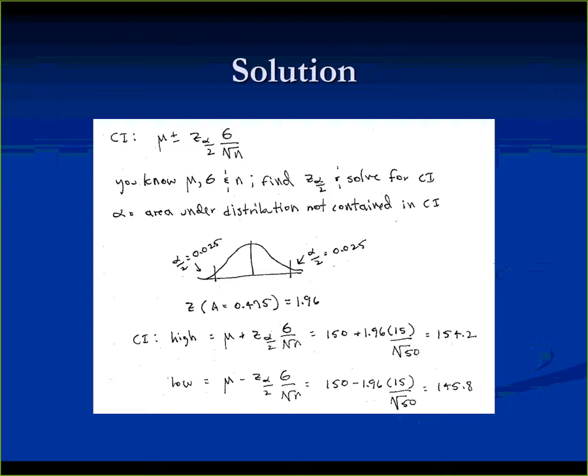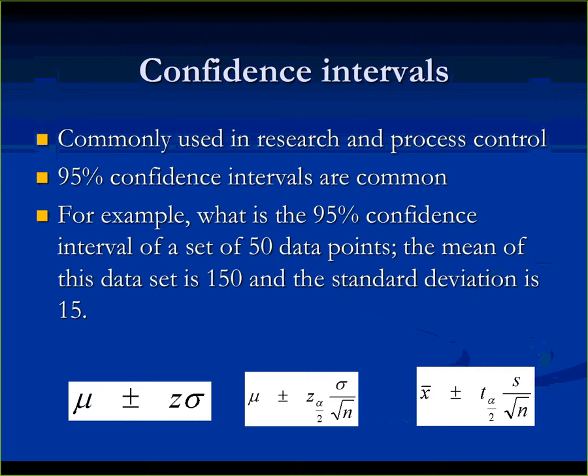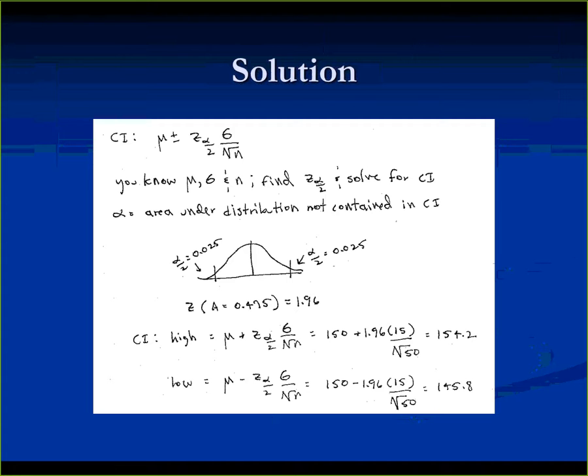So going back to the question we have here: what's the 95% confidence interval of a set of 50 data points? The mean of the data set is 150, standard deviation is 15. You know the equation to use because you take a look at what n is. n is 50.